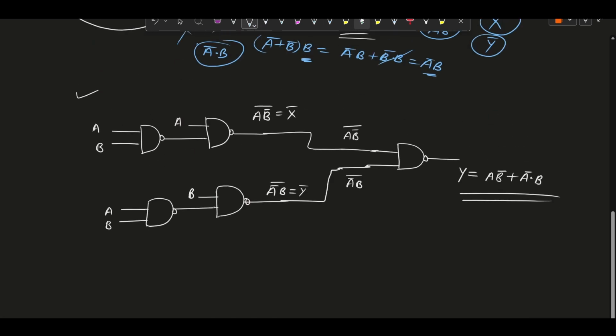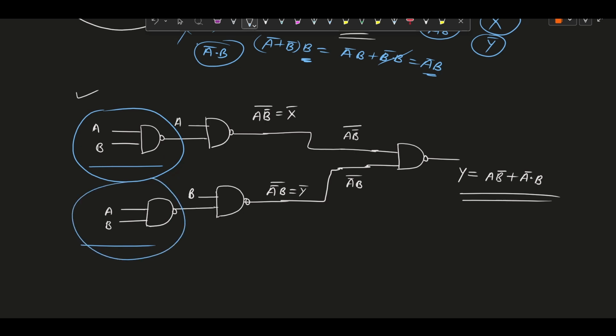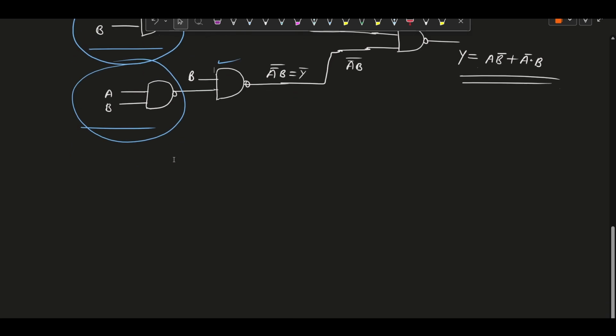So if you observe the circuit, then here we will see these two NAND gates are the same. The implementations of these two NAND gates are the same. So instead of these two NAND gates, if we use only one NAND gate, and that one NAND gate output we feed to this NAND gate and this NAND gate, then also that circuit will work, and in that we will reduce the NAND gate count by one.